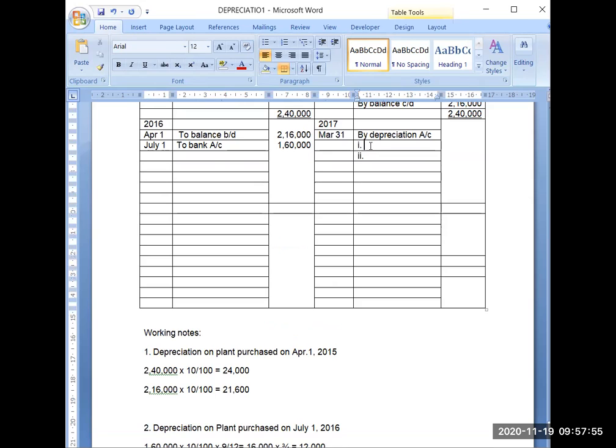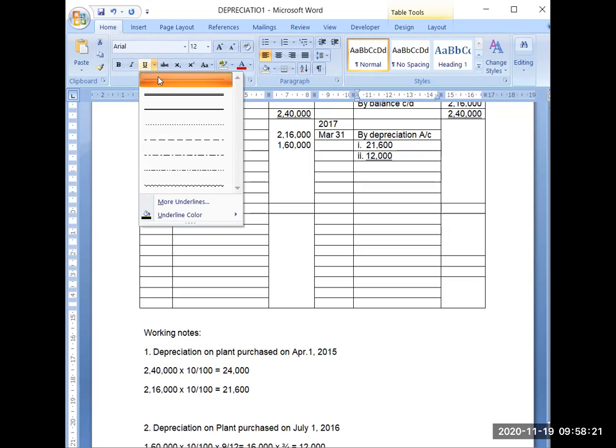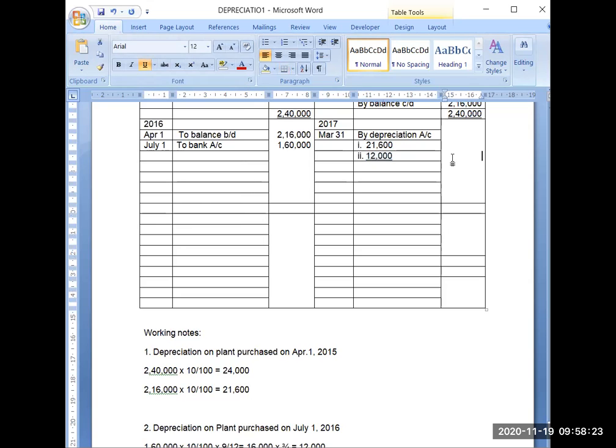So here the depreciation will be 21,600, and the second depreciation will be 12,000. So we will total both amounts. 33,600.